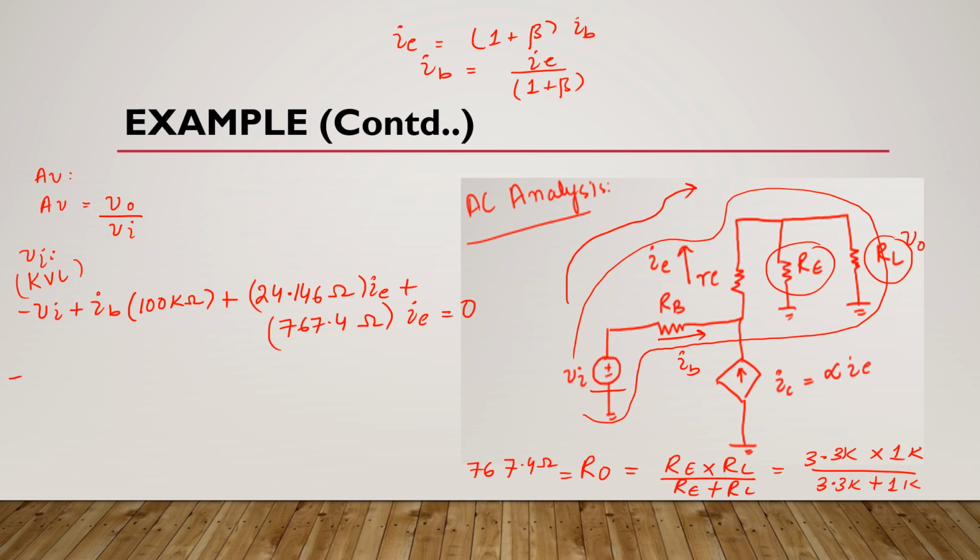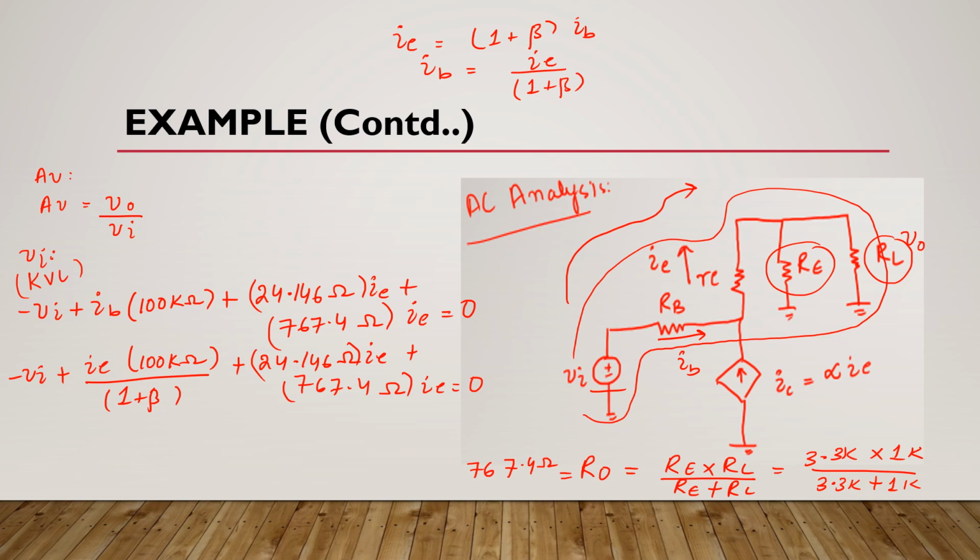So we have minus VI plus IE times 100 kilo ohms divided by 1 plus beta, plus 24.146 ohms IE, plus 767.4 ohms IE is equal to 0.